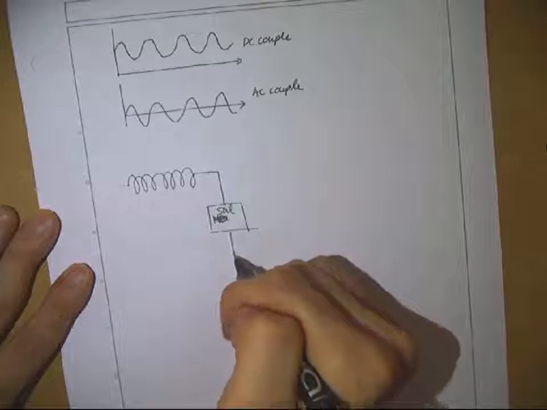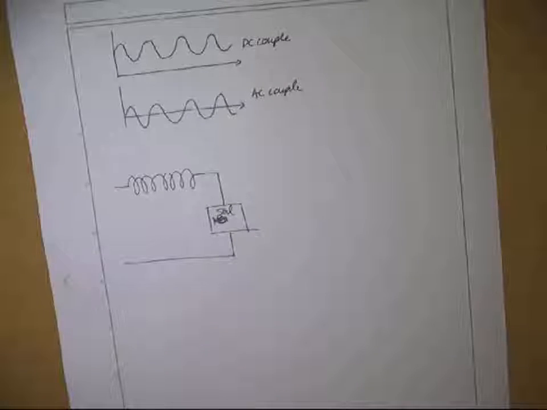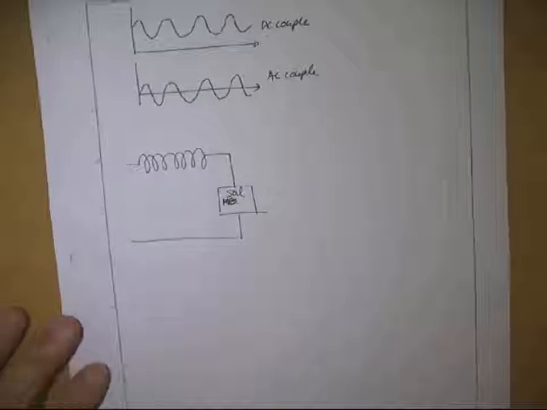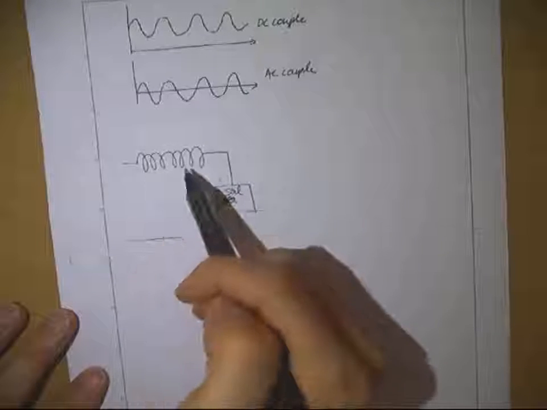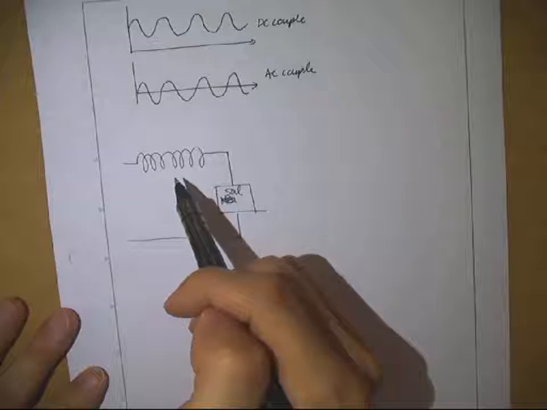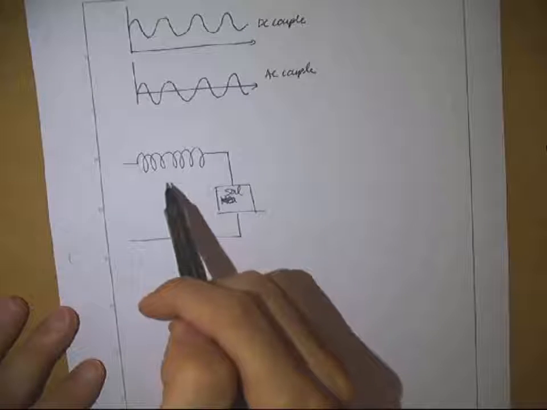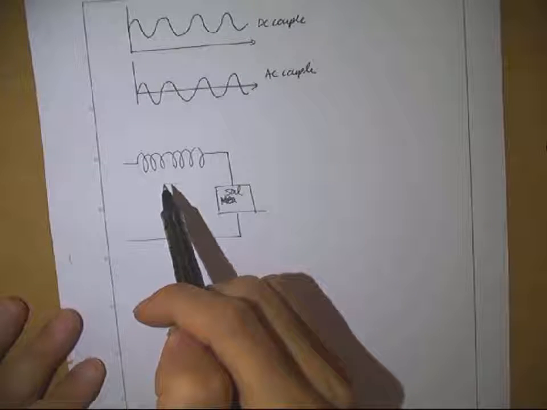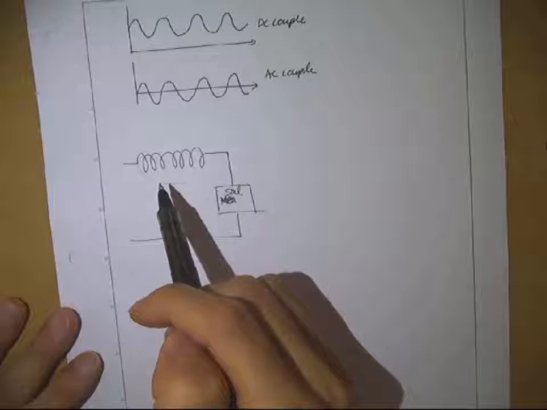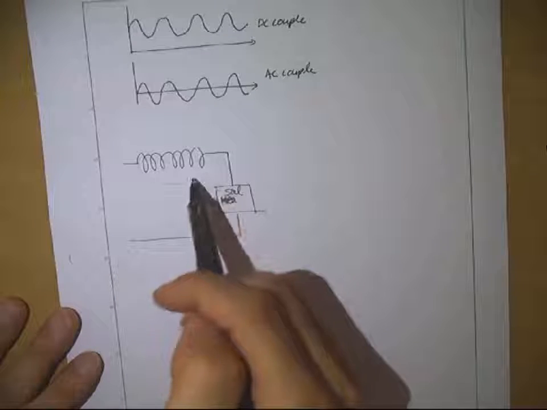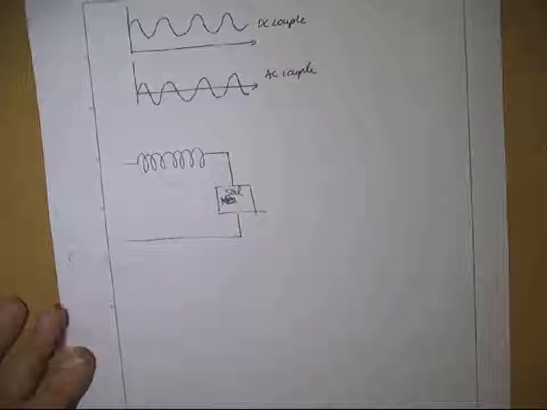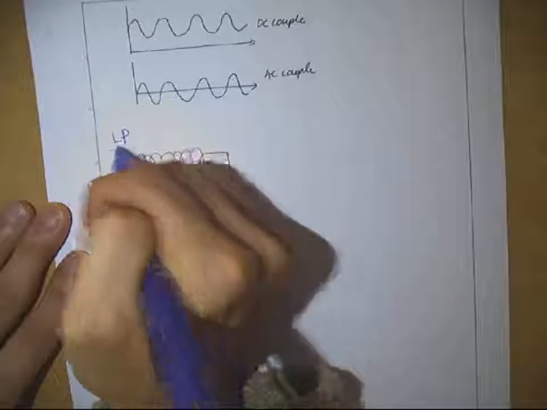In this case, as the frequency increases, the impedance of the inductor will increase. So this will act as a low pass filter. Okay? So this will act as a low pass filter.